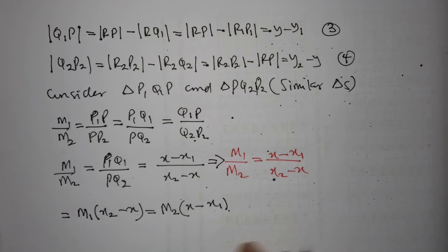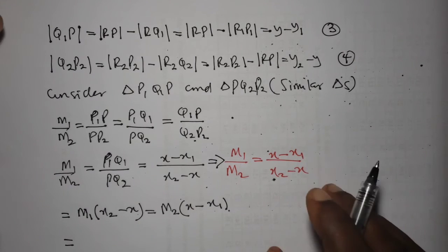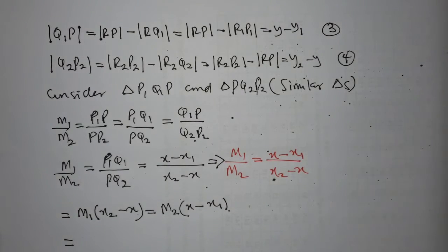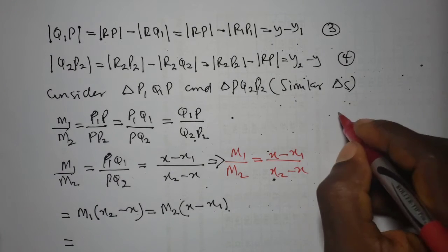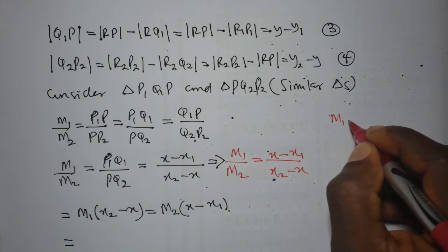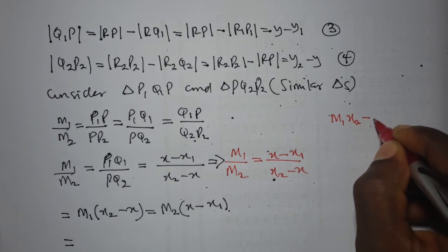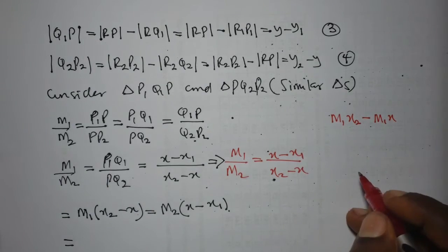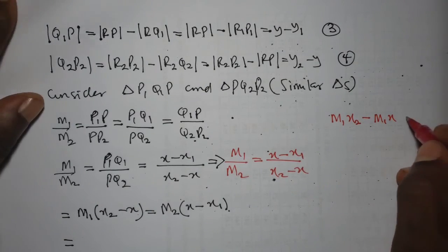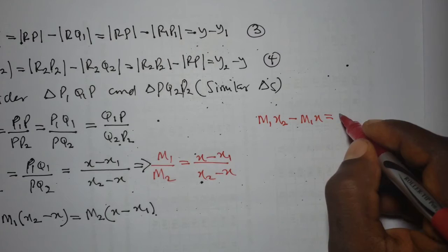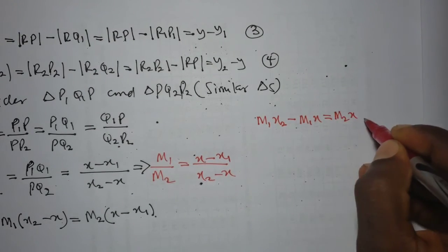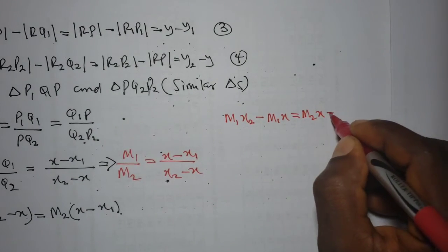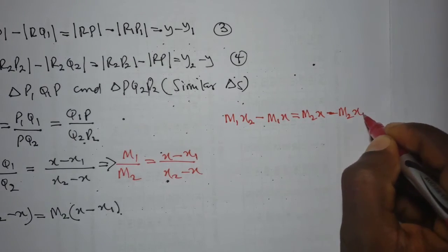Okay, so if we work this out and expand, of course, we're going to get M1x2 minus M1x, and that is equal to M2x minus M2x1.